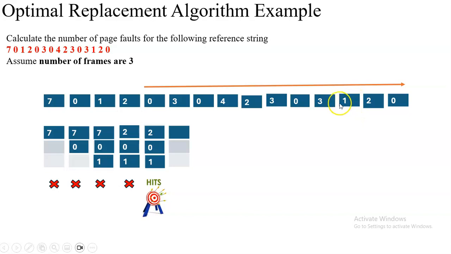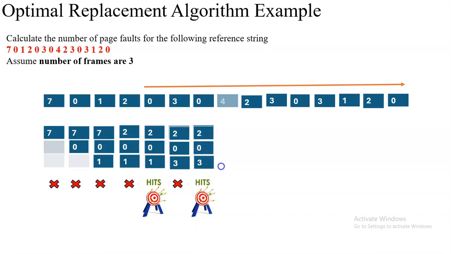So 1 comes at the last, which means 1 will be replaced by 3, and that is a page fault. Again comes 0. Check with the contents. 0 is present, so there is no need of bringing it into the main memory. It is a page hit.